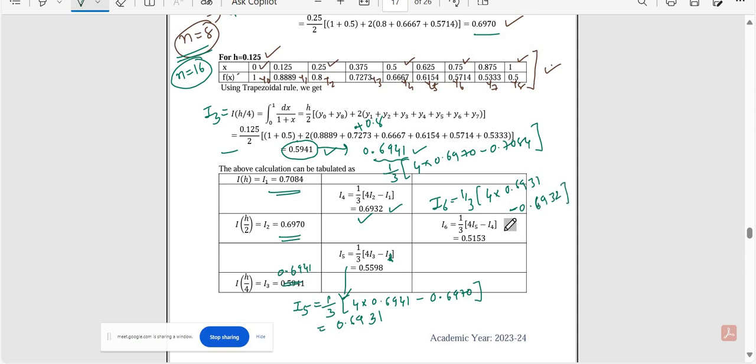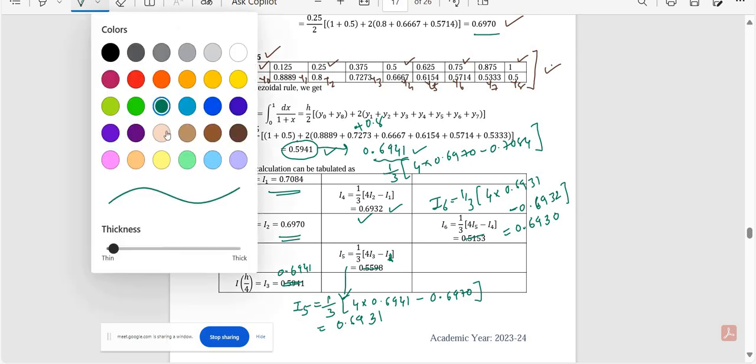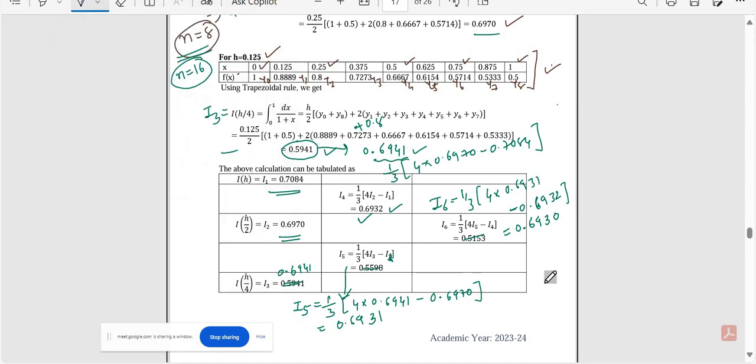Now find out this value. 0.6930. Yes, 0.6930. Everybody got this value?